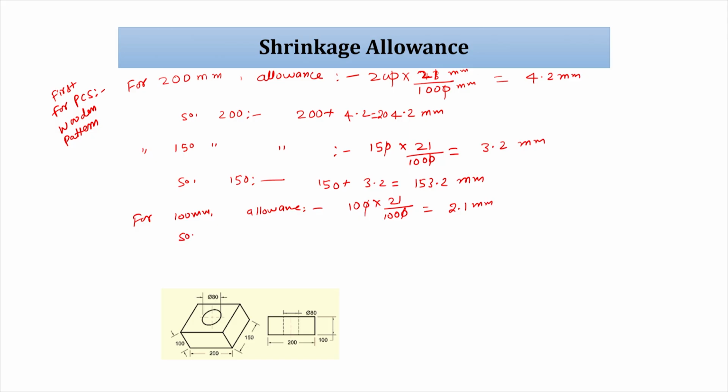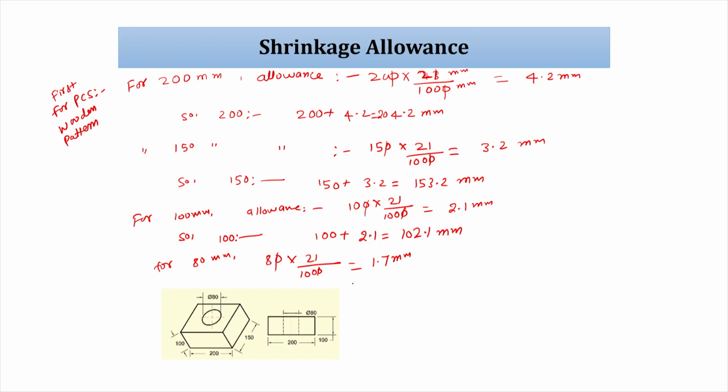So 100 mm converts to 100 plus 2.1, which is 102.1 mm. For 80 mm, 80 into 21 by 1000 is 1.7 mm.